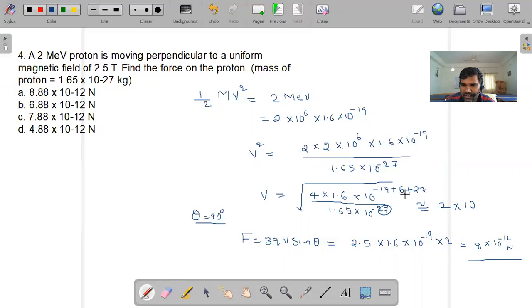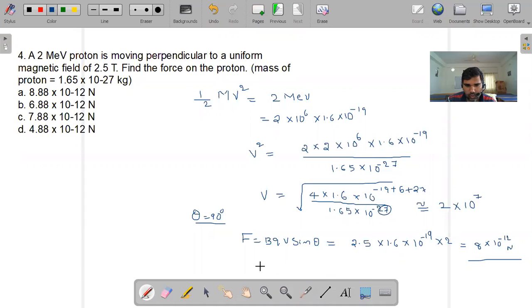Now minus 19 plus 6 plus 27, so 6 plus 27 is 33, 33 minus 19, we get 10 power 14. Then if you remove the root, it will become 10 power 7.